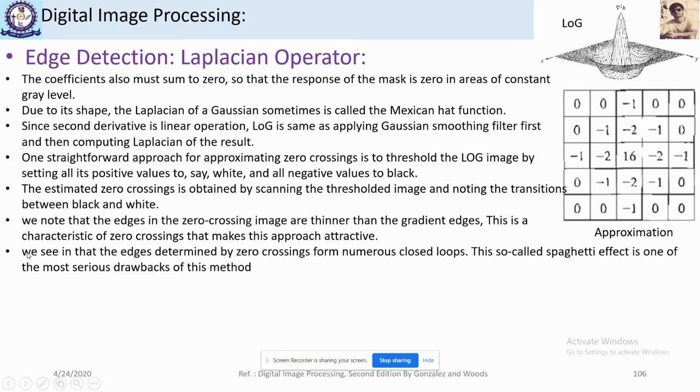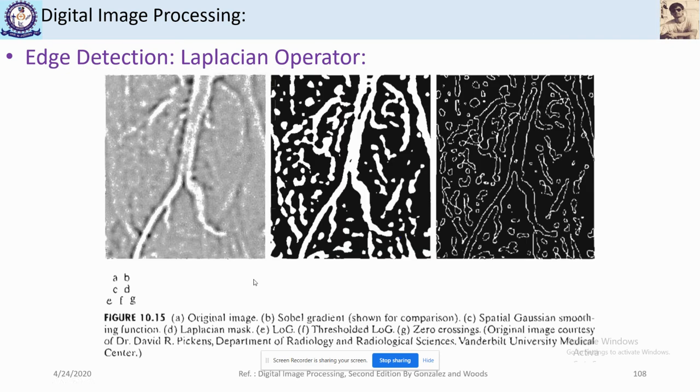But the limitation is that the edges determined by zero crossing form numerous closed loops. This so-called spaghetti effect is one of the most serious drawbacks of this method. Here we see many closed loops of these edges.